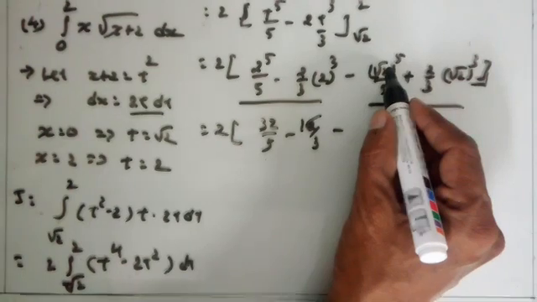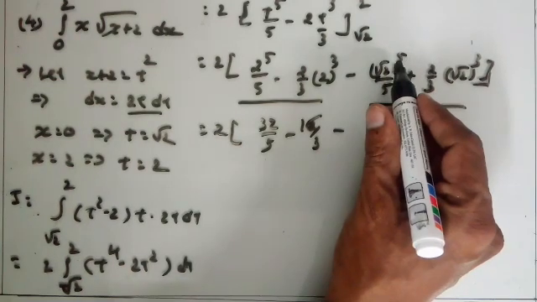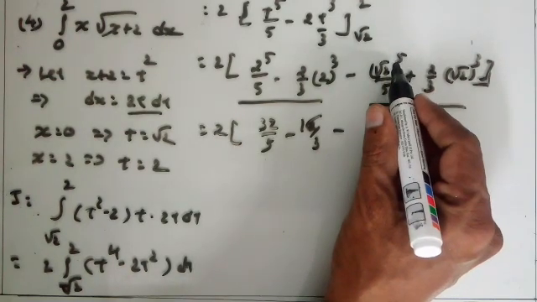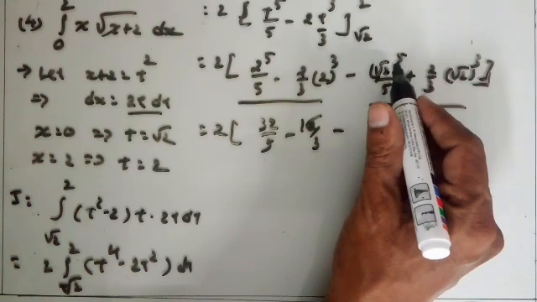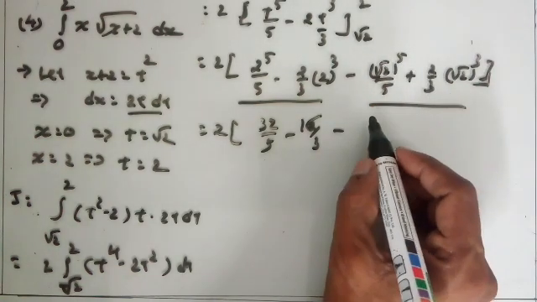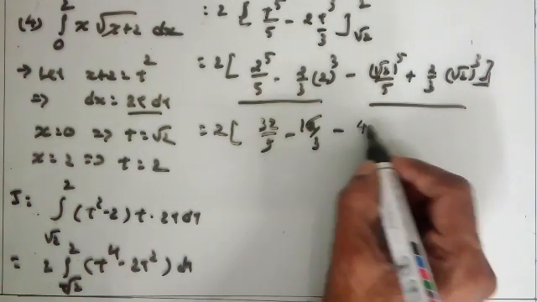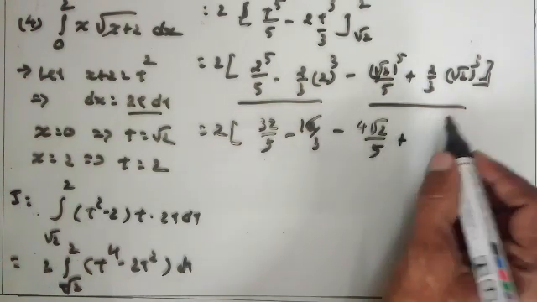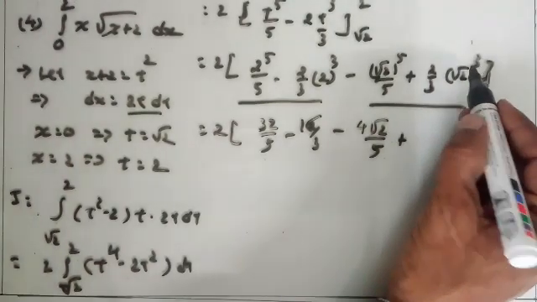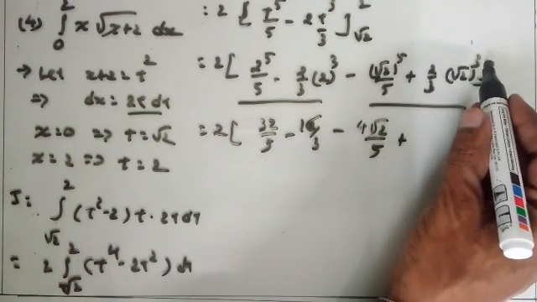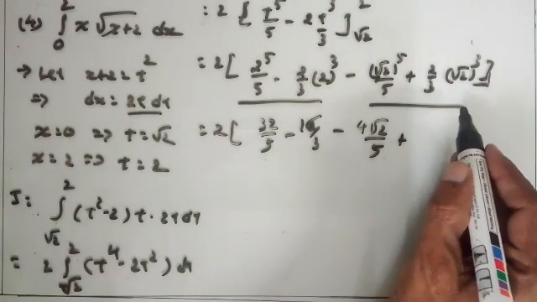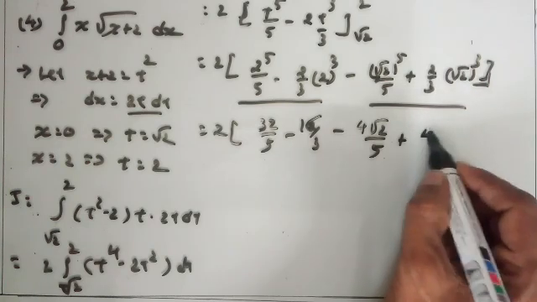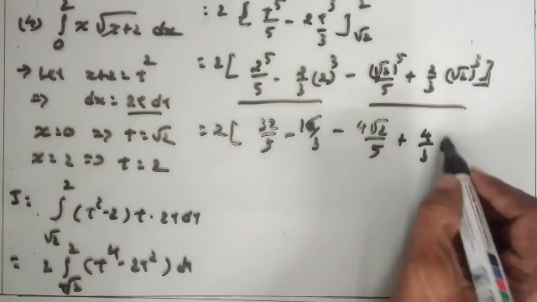Minus root 2 raised to 5 is equal to root 2 raised to 4 into root 2. So root 2 raised to 4 is equal to 2 square, that is 4 into root 2 upon 5 plus root 2 raised to 3, that is root 2 raised to 2 into root 2. Root 2 raised to 2 is equal to 2. So 2 into 2, 4 upon 3 into root 2.